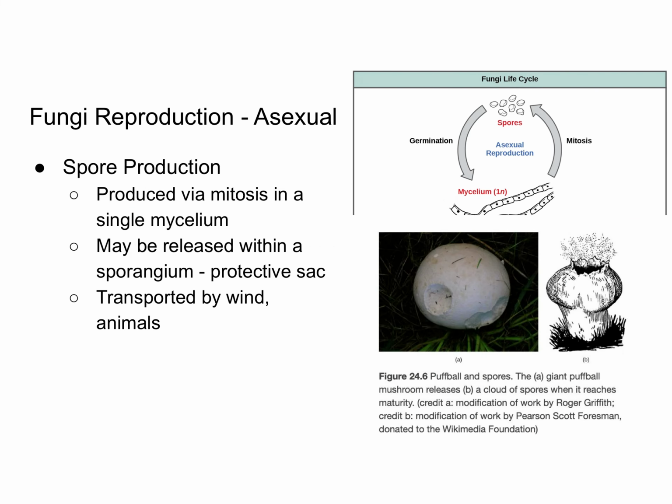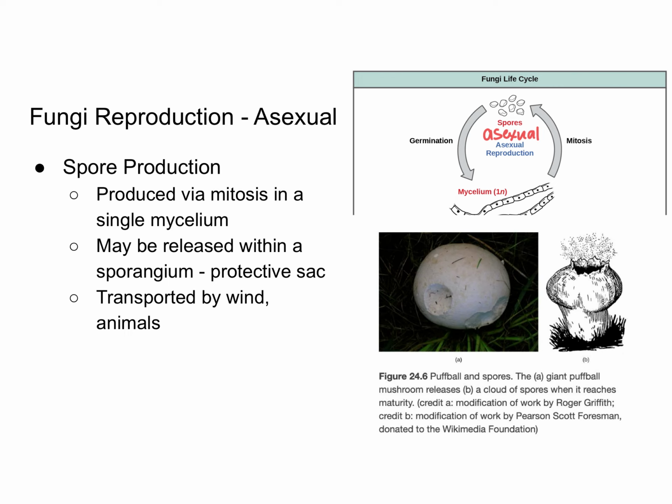Another way that fungi can reproduce asexually is through the production of spores. And these spores are going to be asexual spores. And I say that because there are also sexually produced spores. So right now we're talking about the asexual spores.